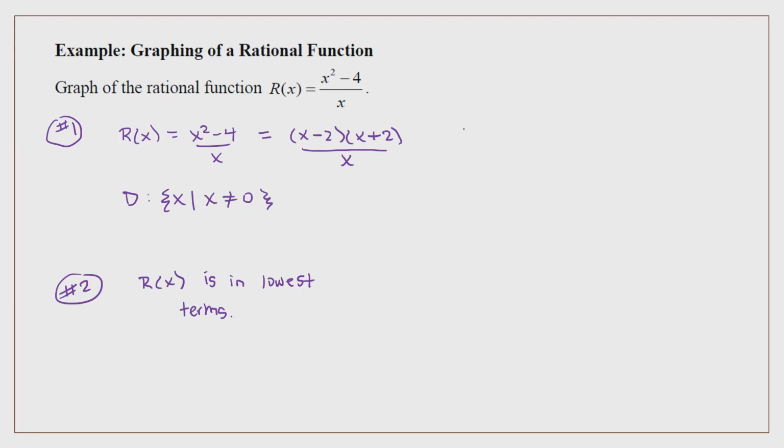And then we go to step number 3. Find and plot the intercepts of the graph and use multiplicity to determine the behavior of the graph of r at each x-intercept.